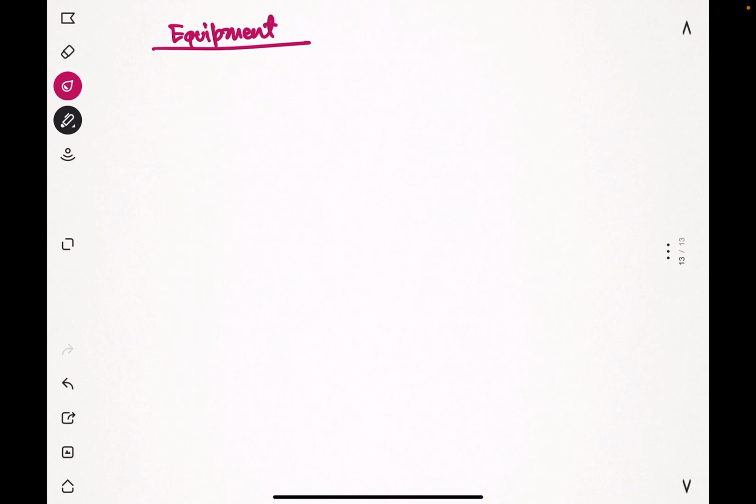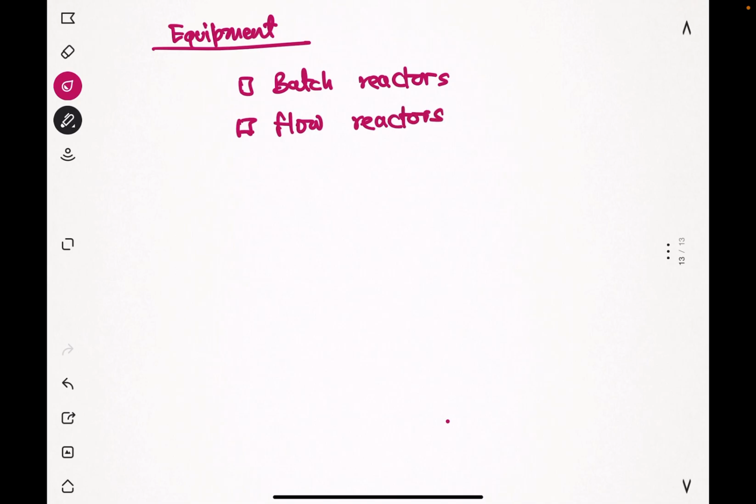Usually the equipment by which this empirical formulation is obtained can be divided into two groups. One is the batch type of reactor, and the other is flow reactors. You are probably already familiar with both these types of reactors.